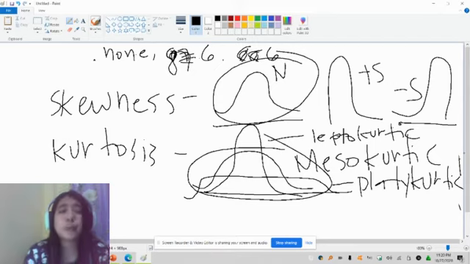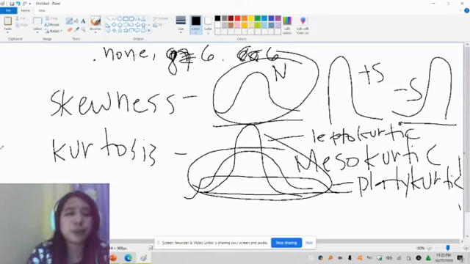So how will we determine whether our data is normal or not based on skewness, which is the symmetrical or asymmetrical shape of the distribution, or kurtosis, the flatness or the thickness of the graph?